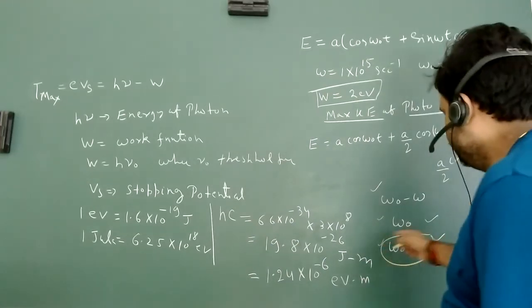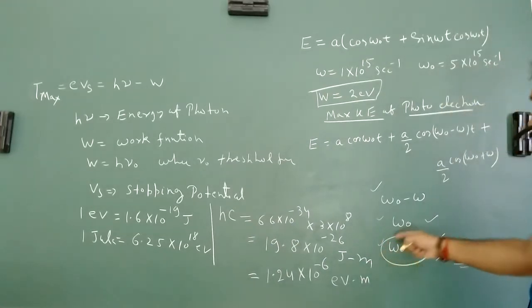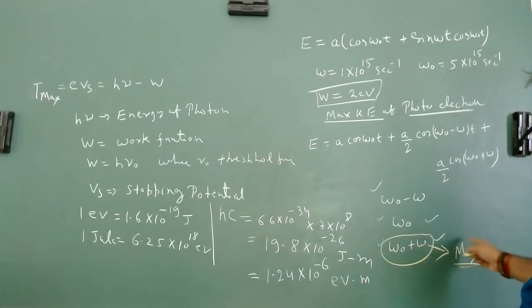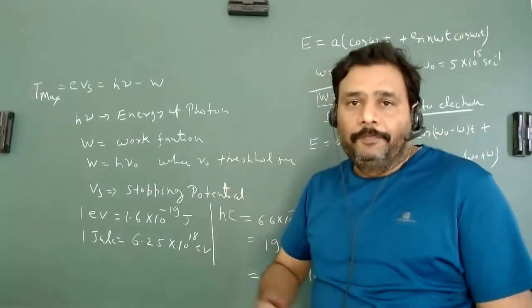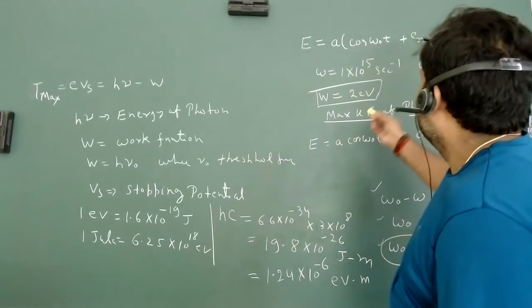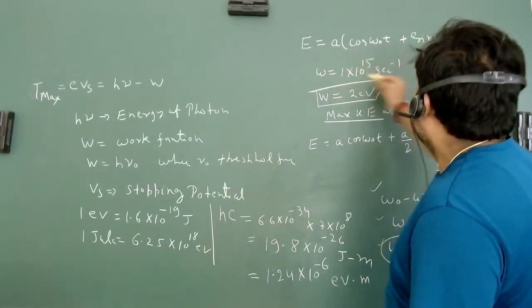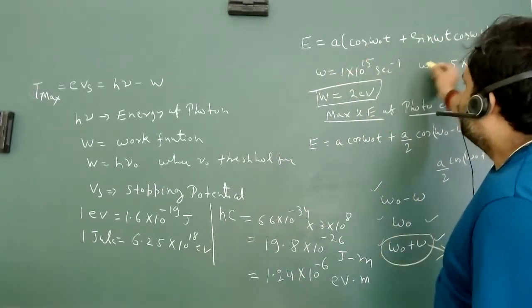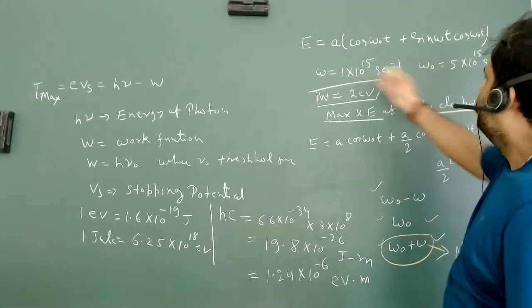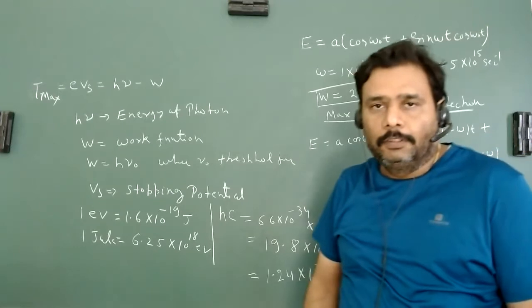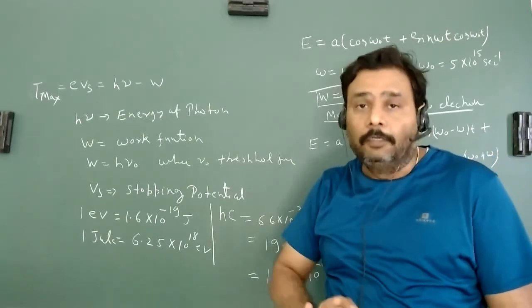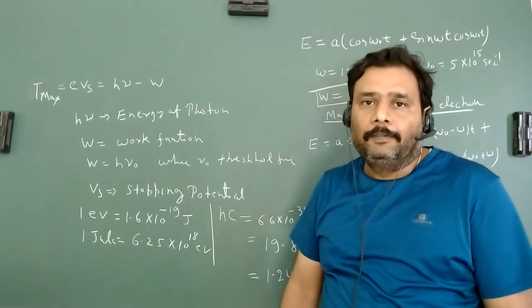But if we look at this problem superficially, people will think the frequency is either omega or omega naught, and since omega naught is greater than omega, omega naught will produce the maximum kinetic energy. But no, this is not going to happen.